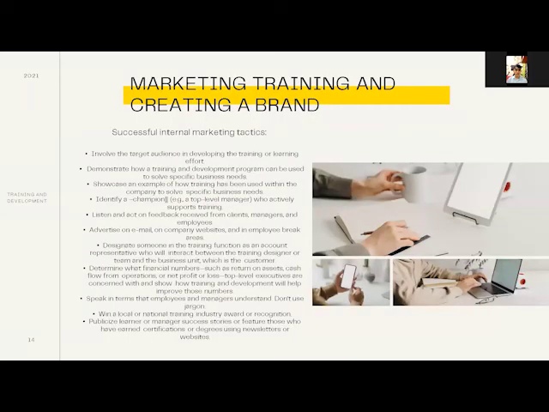So next, marketing training and creating a brand. When we say brand, it usually refers to its title or its name, and branding is a key factor in successful internal marketing tactics because when you brand things, you give a name and integrity associated with it, and people will recognize its name.